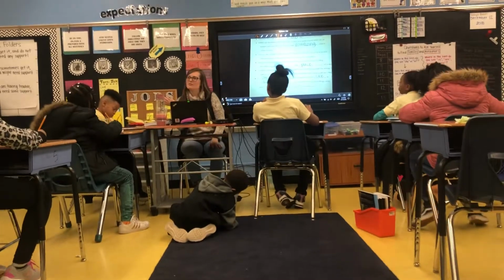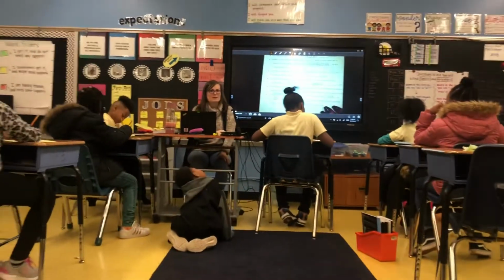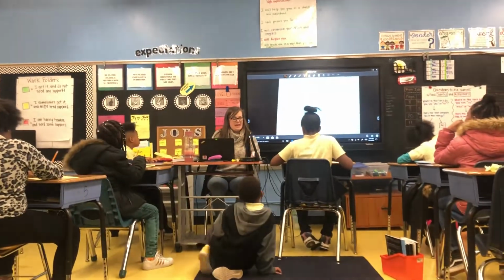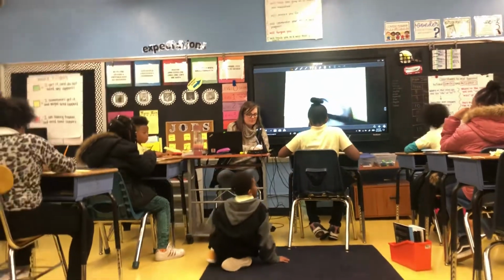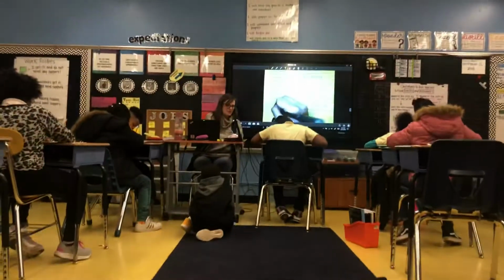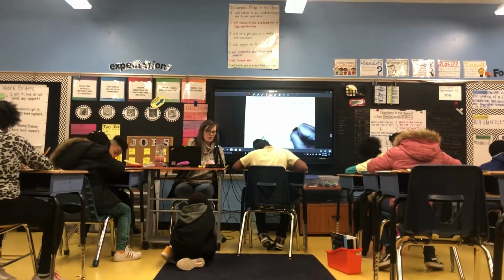So if you do happen to forget, then you can refer back to these key points. Got it. A metaphor compares two or more things using is, are, was, and were.